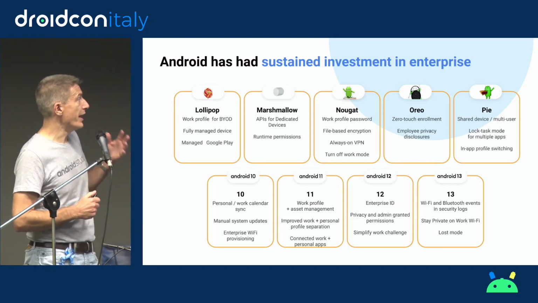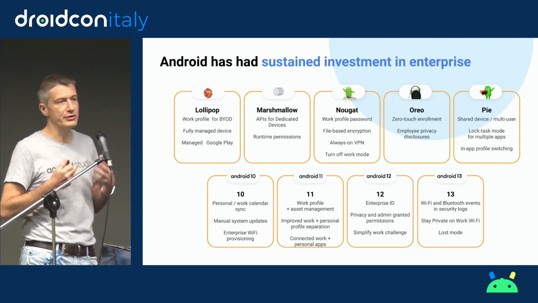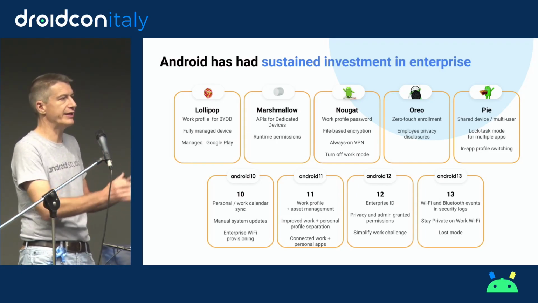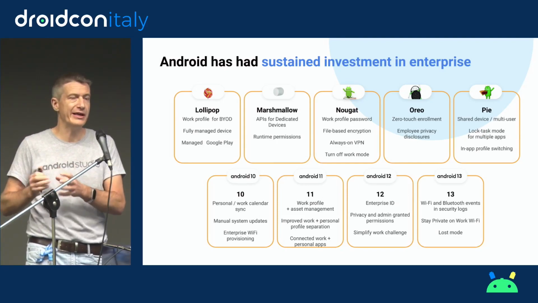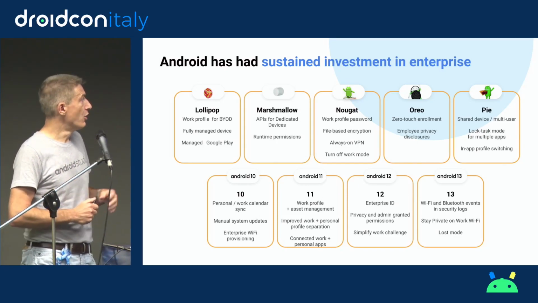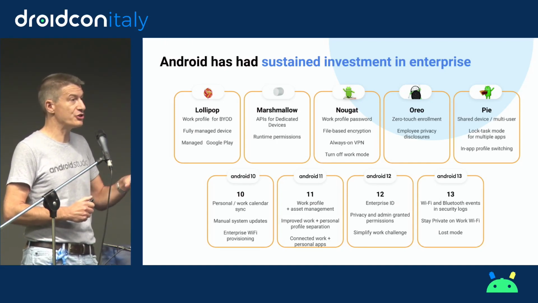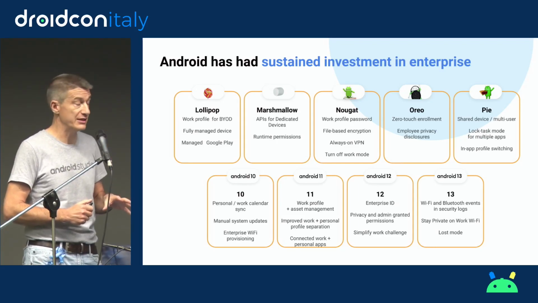It can be a work profile for bring your own device, where you have a personal part of the device with personal data, and a work container with the work data. Or you can have a fully managed device where there is only content for your work, where the IT organization can control everything about the device.